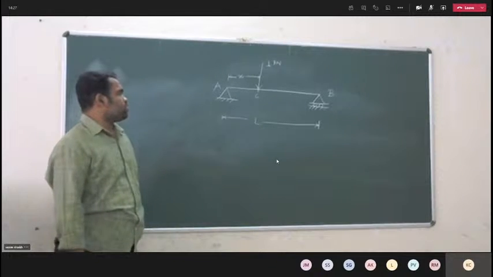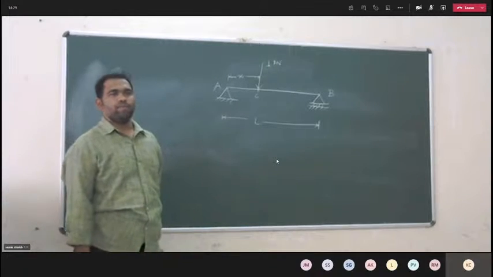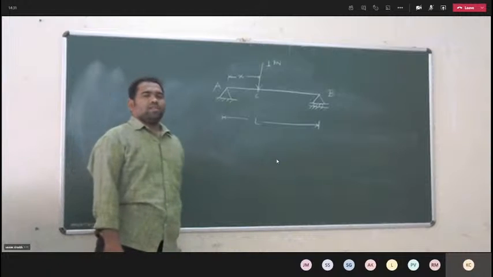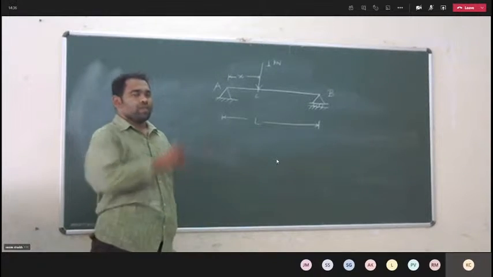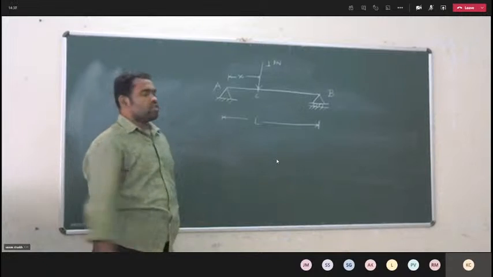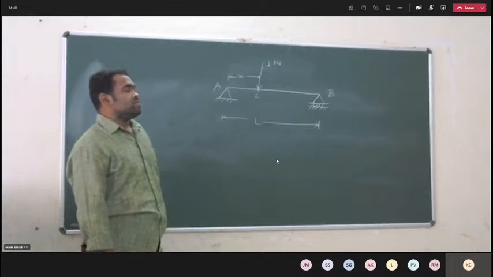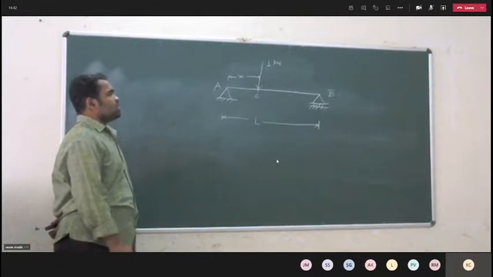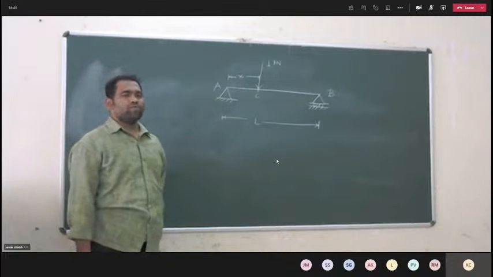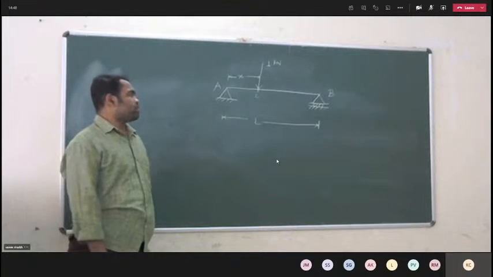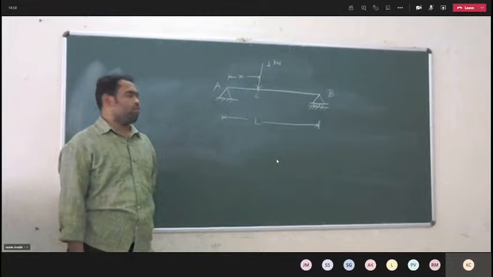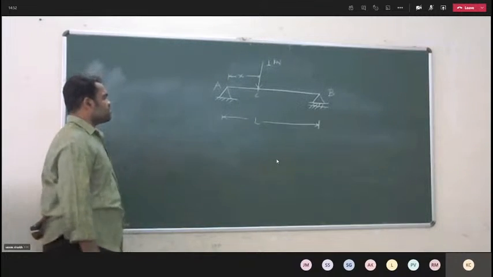Then I have to find the shear force at C and draw the ILD for shear force at C. After that, I have to find the bending moment and draw the ILD for bending moment. In the last class we discussed that.